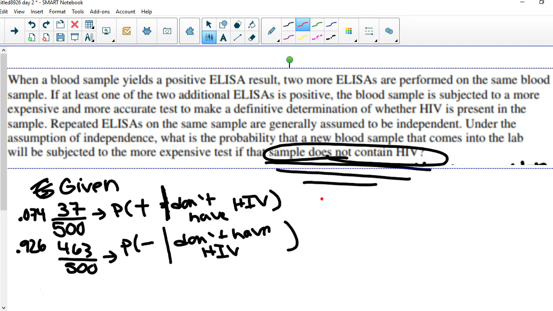So what this means is, given they don't have HIV, so we're only dealing with these numbers, this would be the probability that the first test is positive. Then the second test is positive, they're going to get more testing.